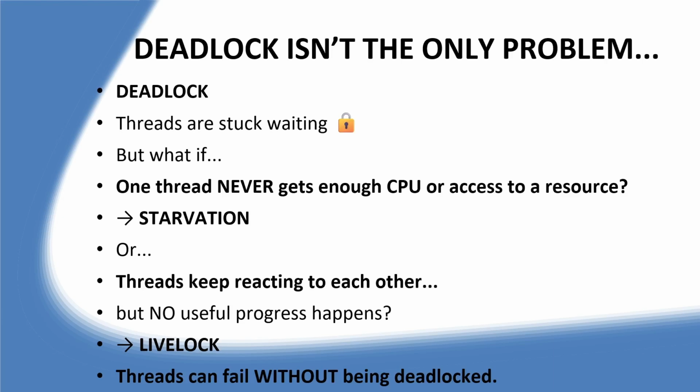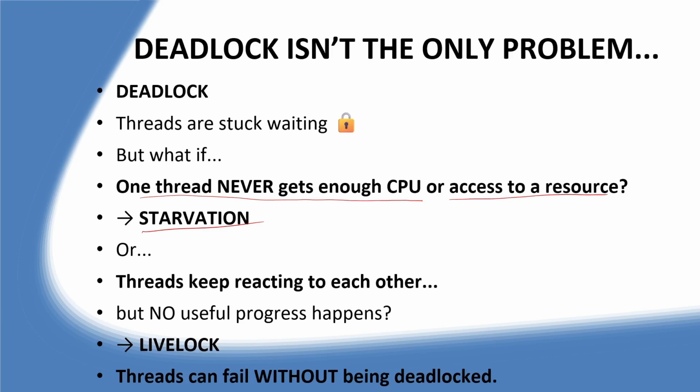One thread might continuously lose access to the resource it needs and barely get a chance to execute. We call that problem starvation. It is written here, one thread never gets enough CPU or access to a resource.